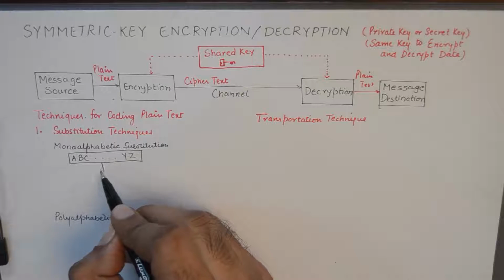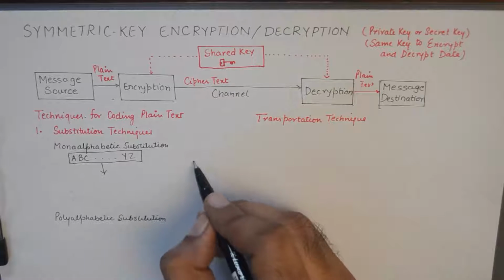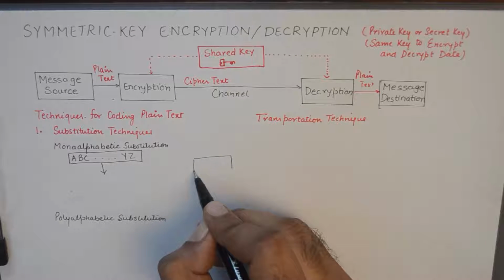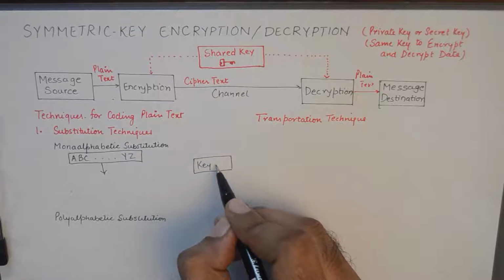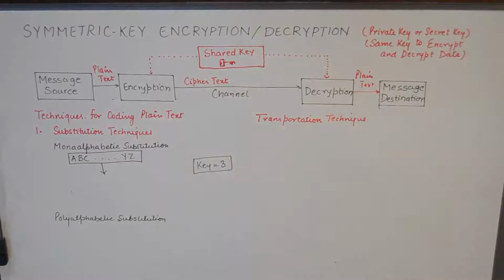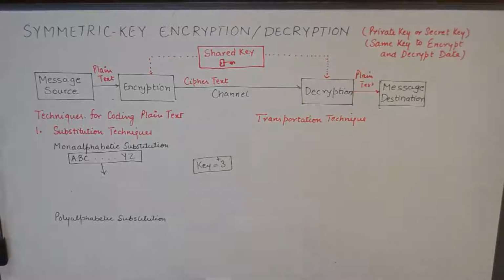Then during the encryption process we decide upon a shared key, which is, for example, 3, or more precisely +3.